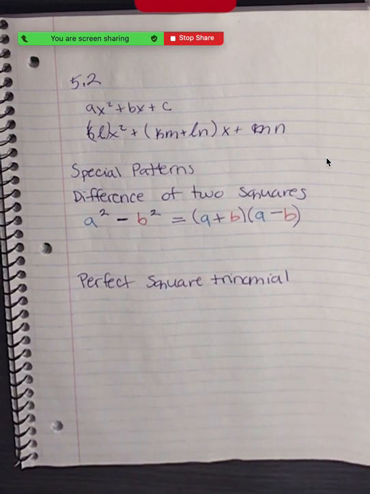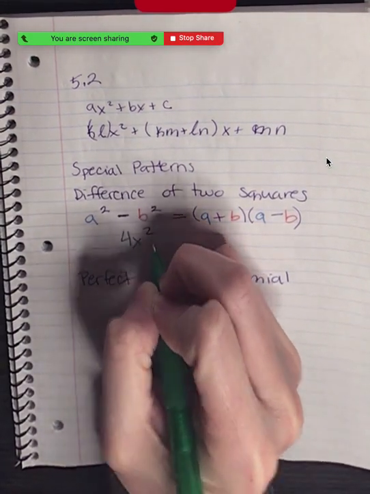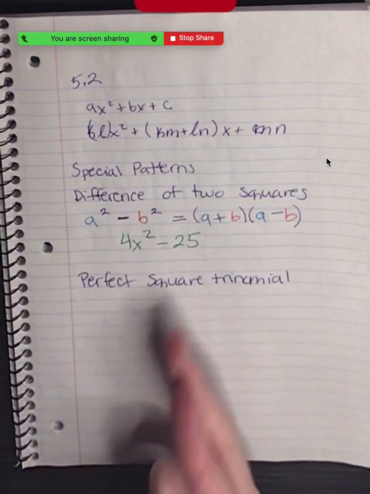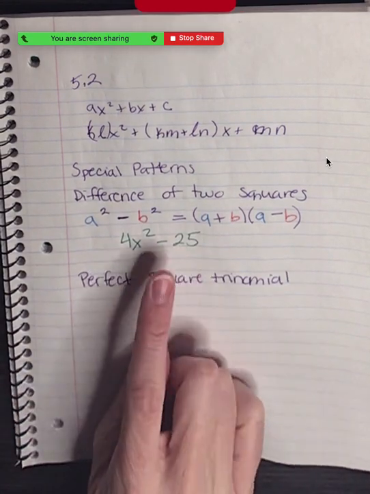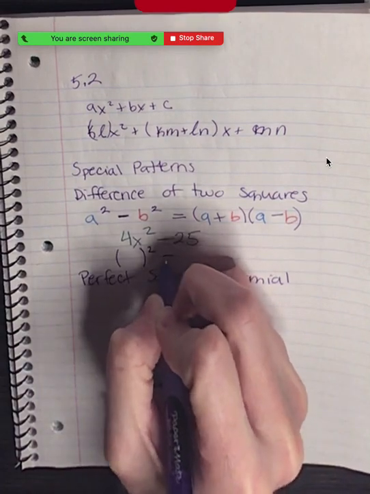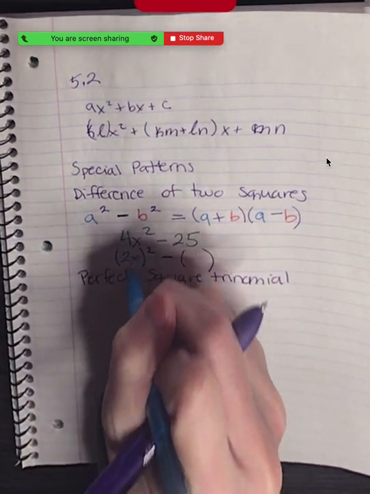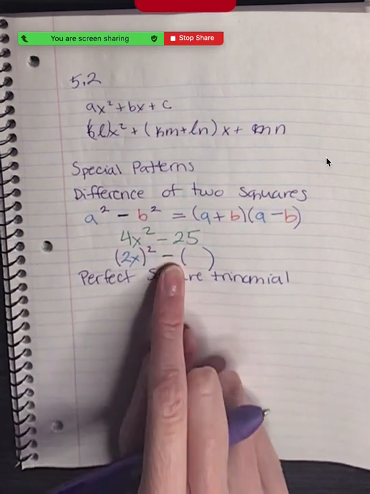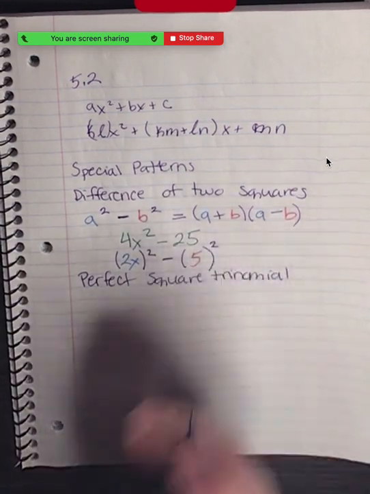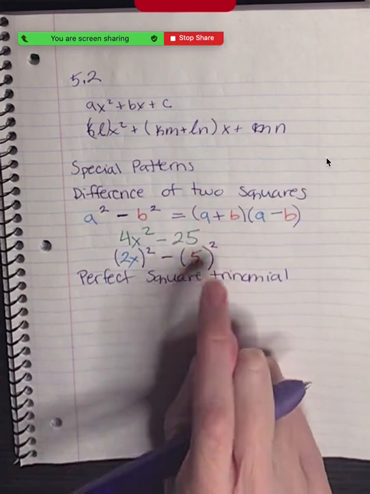Okay, so kind of an example that we can see would be something like 4x squared minus 25. Okay, this falls into this special pattern because there's two terms. It's being subtracted. I can write the first one as 2x quantity squared minus 5 quantity squared, because 4x squared is 2x to the second power and 25 is 5 squared.